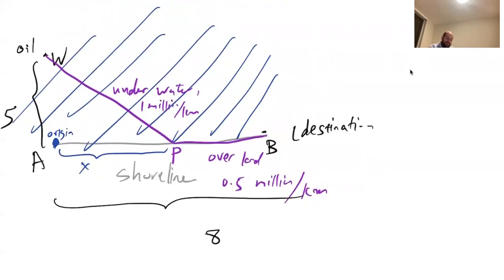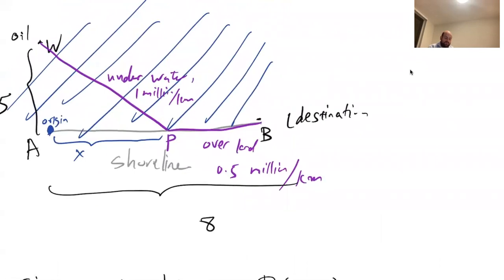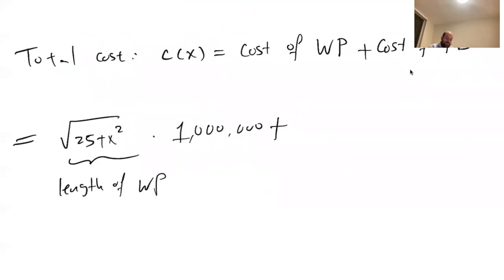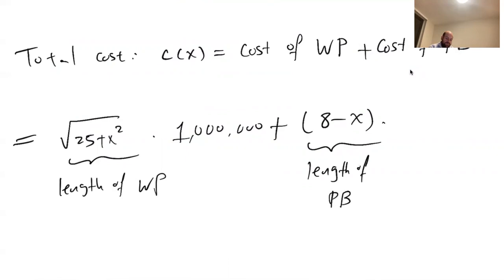What about the cost of PB? Again, I need to find the length of PB. That's very easy to find because the length of PA is X, the whole length is 8. So the length of PB is 8 minus X. Length of PB, and then times 500,000.